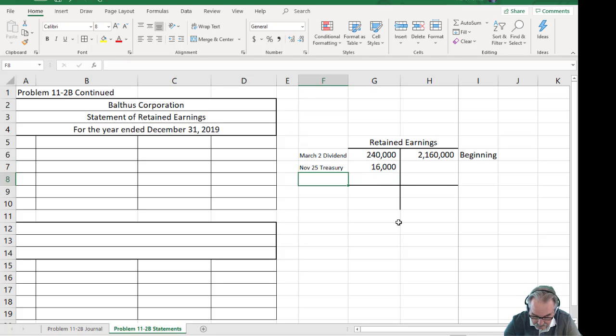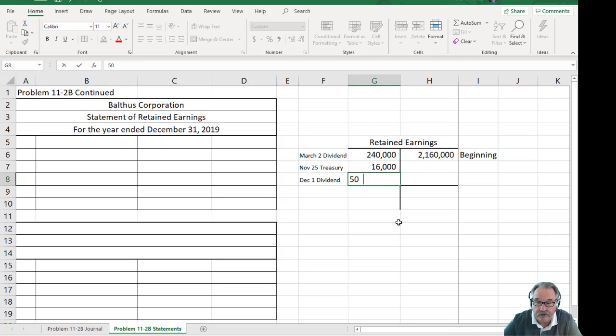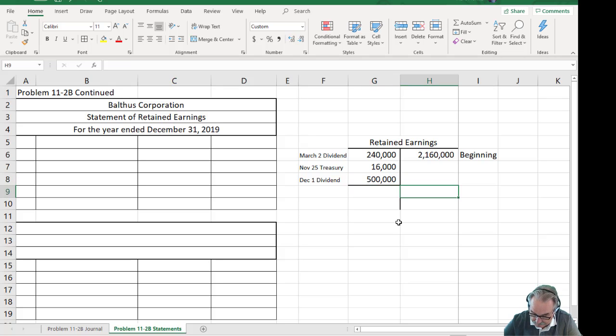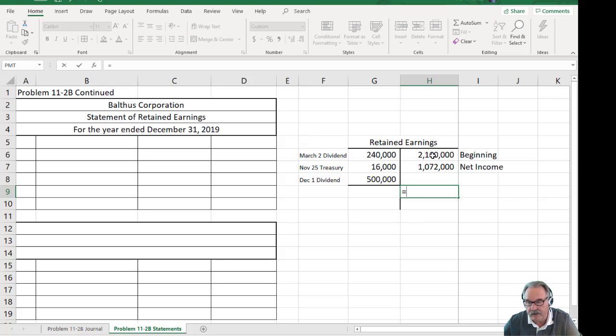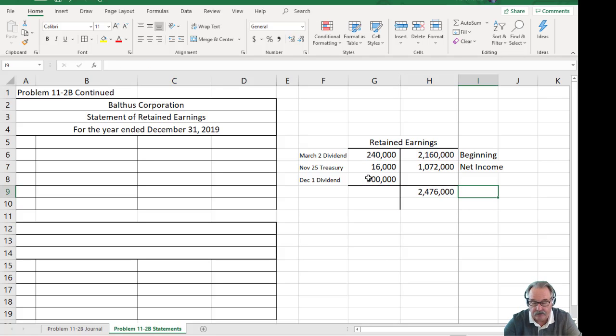The December 1 dividend was $500,000, and we also had the net income of $1,072,000. So the ending balance in our retained earnings account is going to be the beginning plus the income minus the dividends minus the treasury stock transaction. And our ending balance is $2,476,000. And we can now have our check figure.